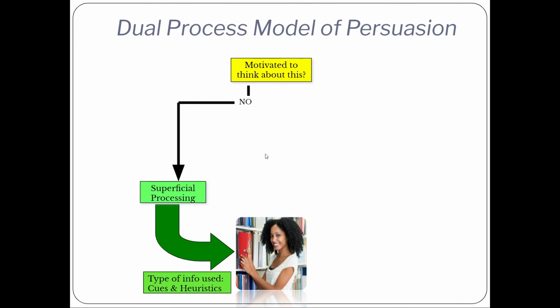In other words, her processing style for this persuasion effort would be superficial processing. And the type of information she pays attention to would be more peripheral, or non-central information, not relevant to the arguments we're making. This information would be like cues or heuristics.